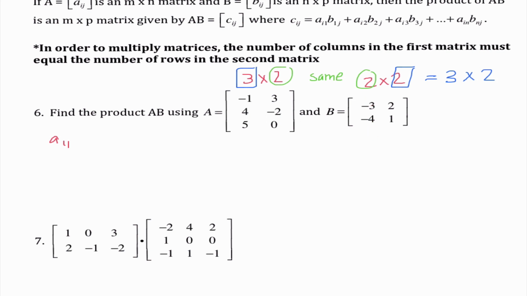So I'm going to write negative 1 times negative 3 plus 3 times negative 4. So I get positive 3 plus negative 12, so I get negative 9. So over here in my answer, I have negative 9. And in fact, I'm going to make this part black, and I'm going to try and color code everything just so we can see where everything's coming from.